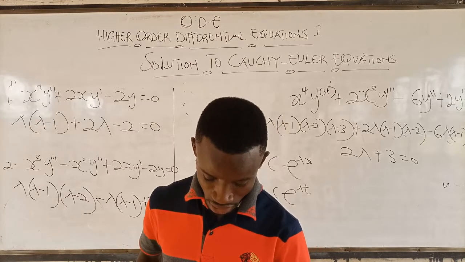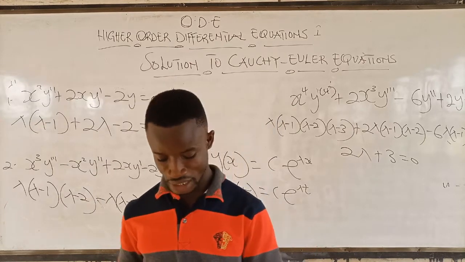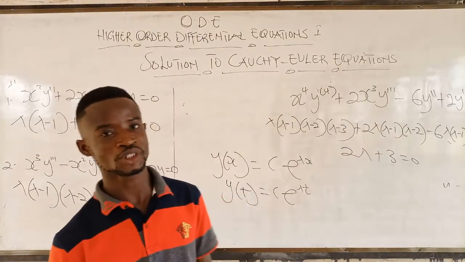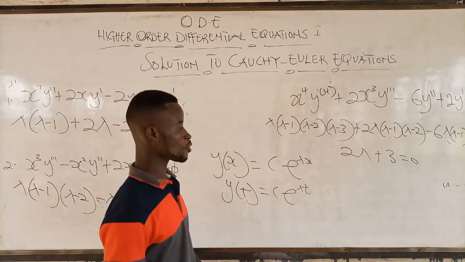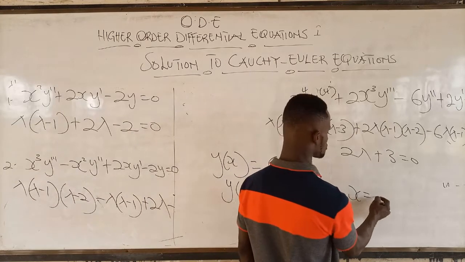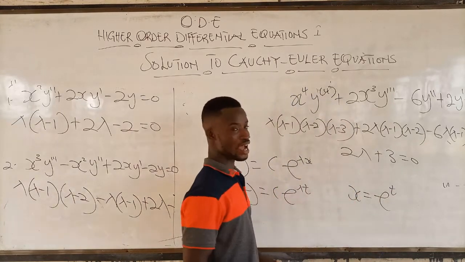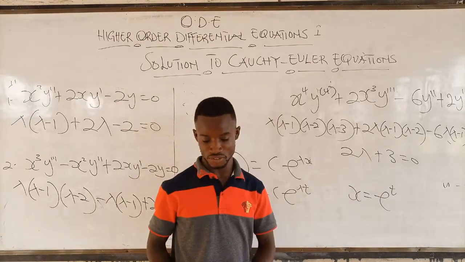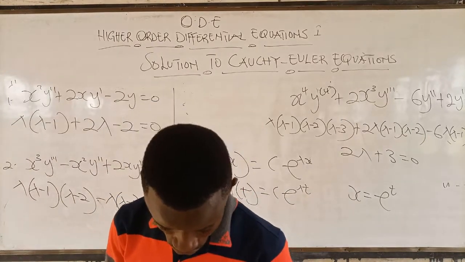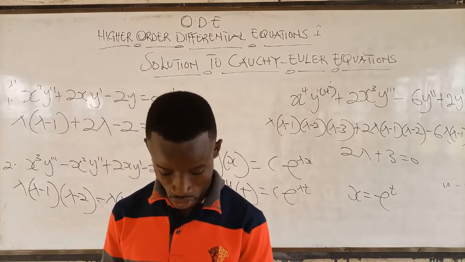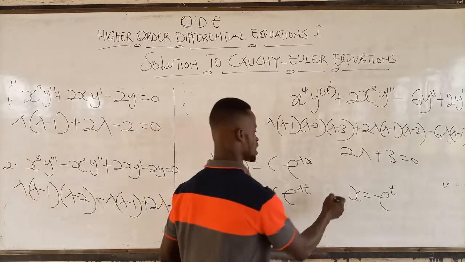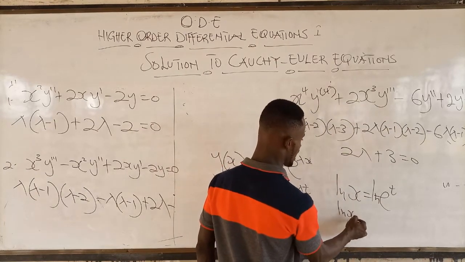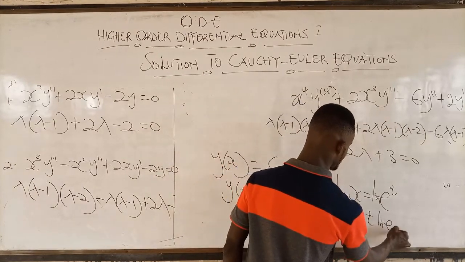Alright. Then we are going to transform x to be equal to e raised to t. So here we can take ln of both sides and do whatever you want to do. So when you take ln of both sides, you see that we get ln x is equal to t ln e.